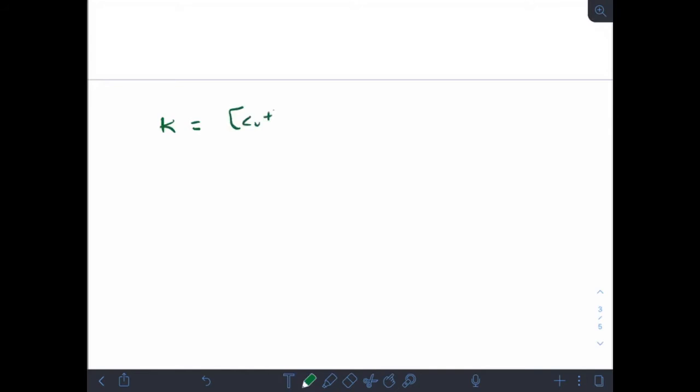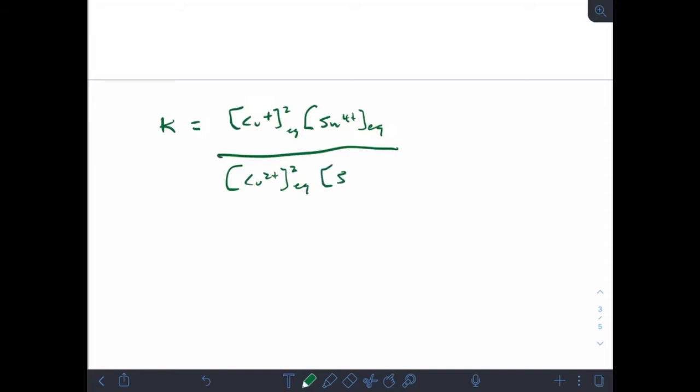So I have my expression, K equals tin 4+ equilibrium divided by the copper 2+ equilibrium squared. Okay, and we're given the values for most of these things. So the value of K was 1.48.